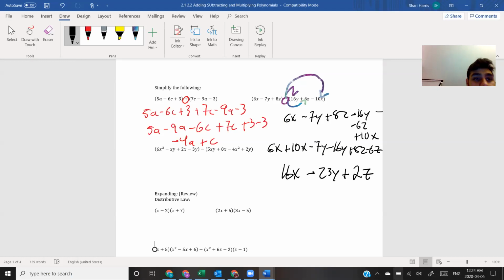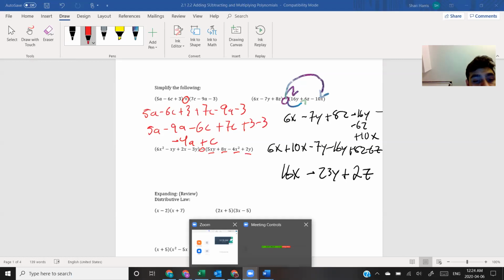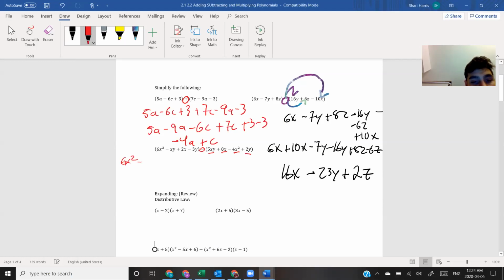All right, and for the third one, again, this minus will flip all of these signs. It's going to flip because there's a minus in front, so we'll remove the brackets: 6x squared minus xy plus 2x minus 3y minus 5xy minus 8x plus 4x squared minus 2y.